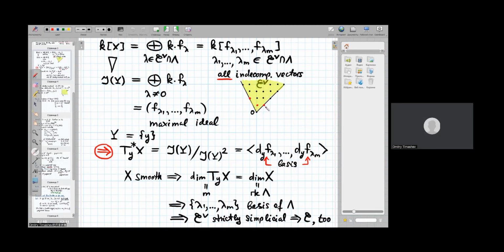Why? Otherwise, you should have a lattice vector which is decomposable as a linear combination of lambda 1 to lambda n, but with rational coefficients.